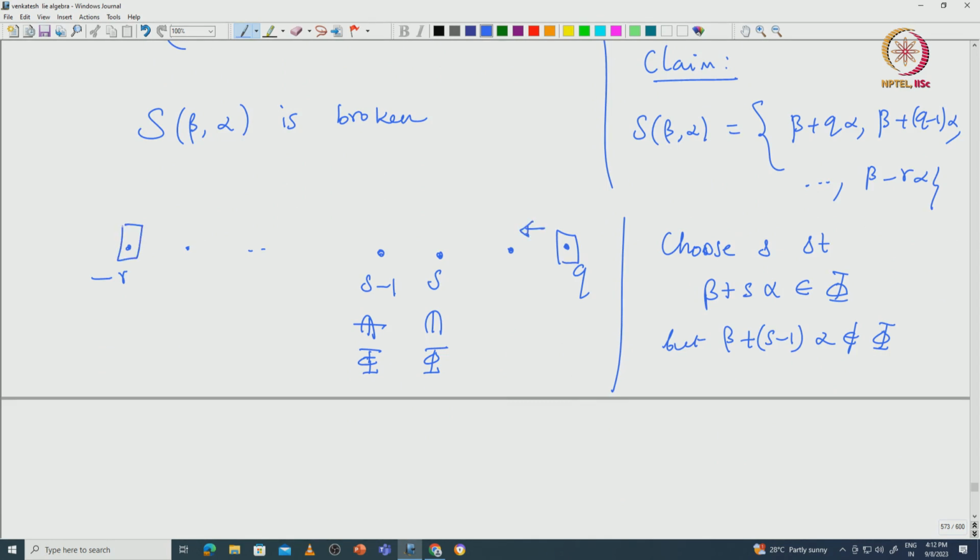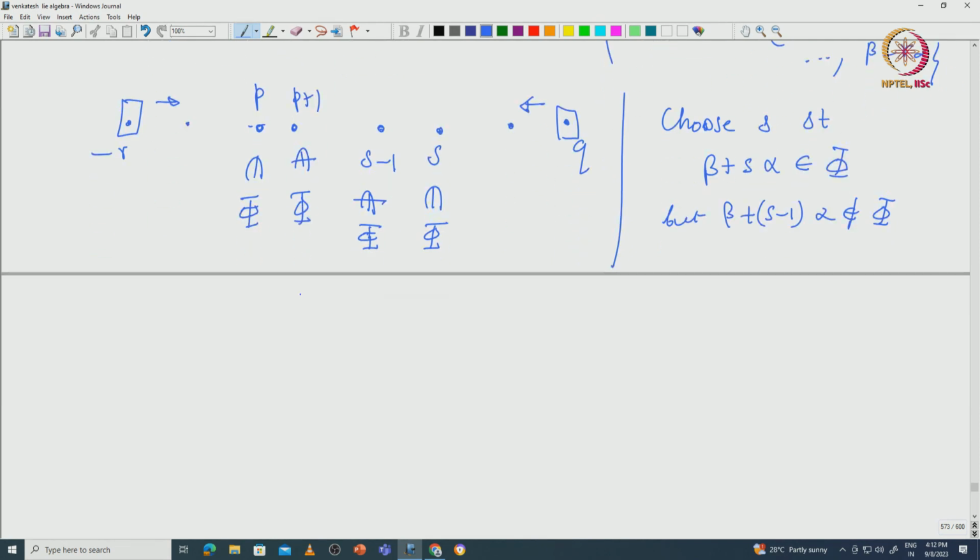Similarly, if you start with R and go up, we will be able to choose one p, which must definitely be less than s, such that beta plus p alpha is in phi, but beta plus (p plus 1) alpha is not in phi. So, these are all the conditions that we get.